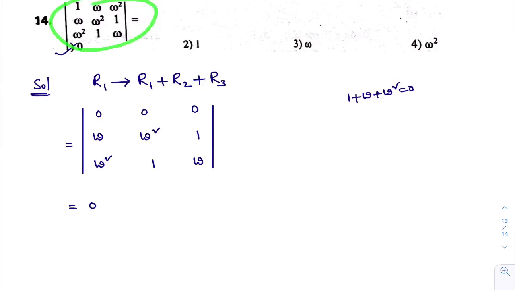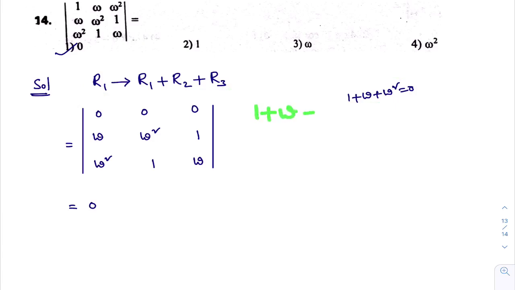You see here: 1, omega, omega square; 1, omega square, 1; omega, and so on. You need to calculate its value. What I know related to this 1, omega, omega square is that 1 plus omega plus omega square is 0 and omega cube value is 1. I know these things. Okay, now I'll apply this operation: R1 changes as R1 plus R2 plus R3. What about all the elements of R1?